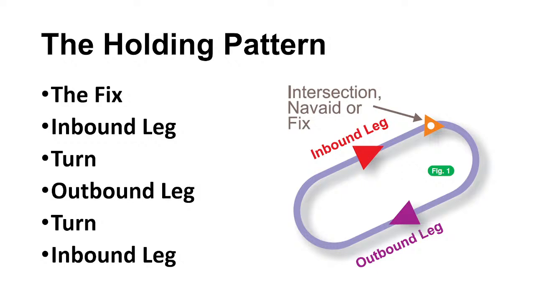And it will say hold east of Geiger or hold east of Spokane VOR on the 090 radial. So you are going to end up with the majority of your time on the east side. The standard direction of turns is to the right.